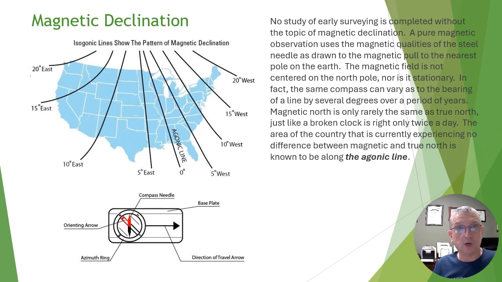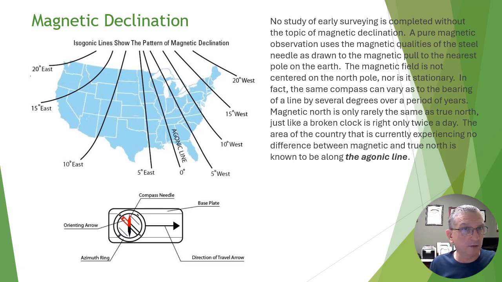This creates a lot of problems if you're trying to retrace a survey, because if you have a bearing to the nearest degree, or even more precise than that, you have to know what it's referenced to. That's the meridian. And we'll study that more in boundary analysis. But understand that the magnetic field is not centered on the North Pole. It's also not stationary.